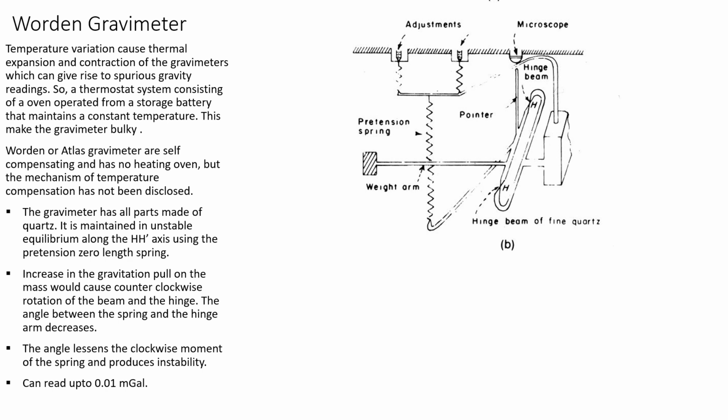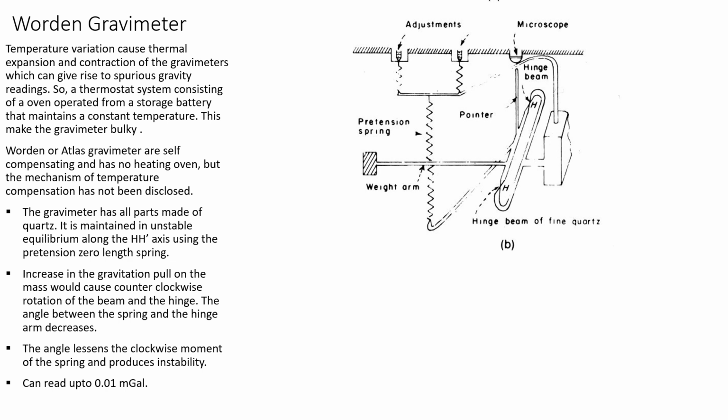There is a completely new class of gravimeters that are referred to as the Warden or the Atlas gravimeter. They are self-compensating and they have no heating oven or anything. But unfortunately, the mechanism of this temperature compensation has not been disclosed by the company which manufactures it. This gravimeter has all of its parts made up of quartz fiber. The hinge beam is already in an unstable but equilibrium position, and this is because of the pretension in the zero length spring.